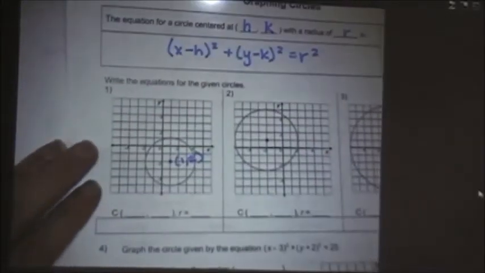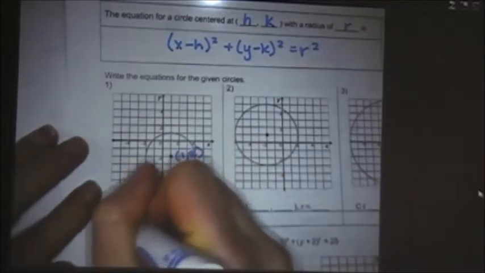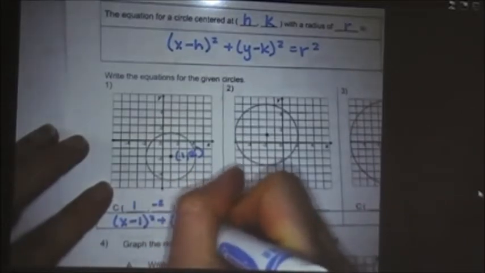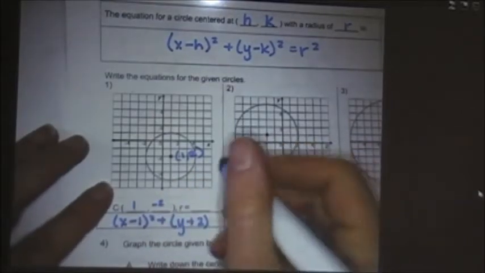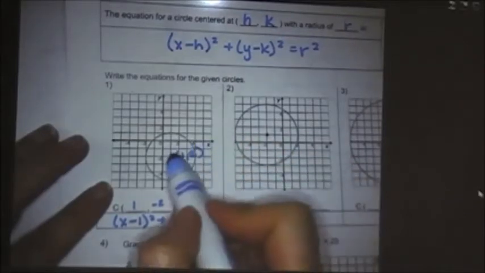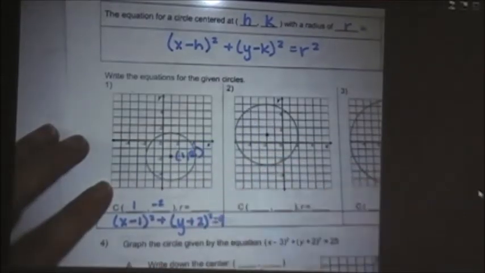So if this is my first circle, I'd identify my center point as the point (1, -2). Now, when you plug that into the formula, you have to take into account that the formula itself has a minus sign. So when I plug the 1 in, it's going to be (x - 1)^2 + (y + 2)^2, because it's minus -2, equals, and the radius here is 1, 2, 3, so I square that and get 9 for your first circle.